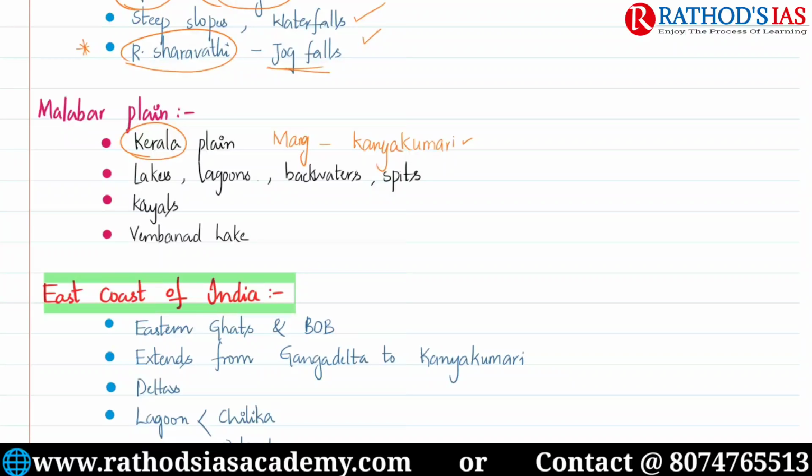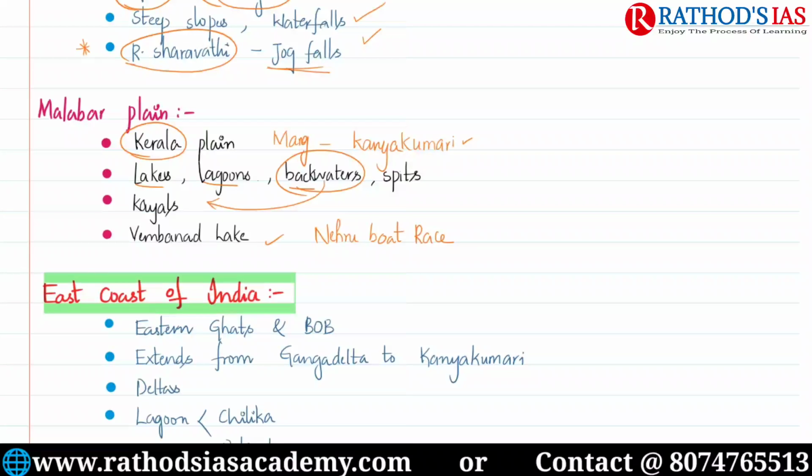And we can see the existence of lakes, lagoons, backwaters, and these backwaters are known as kyles. And the largest lake seen in this Malabar Plain is Vembanad Lake, and it is very much famous for the Nehru boat race. It is also called Vallamkalli. And that's all about the west coast of India.